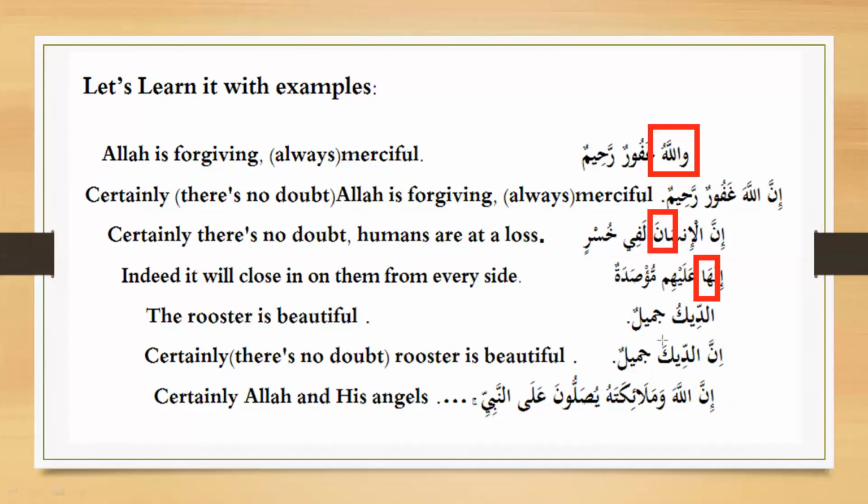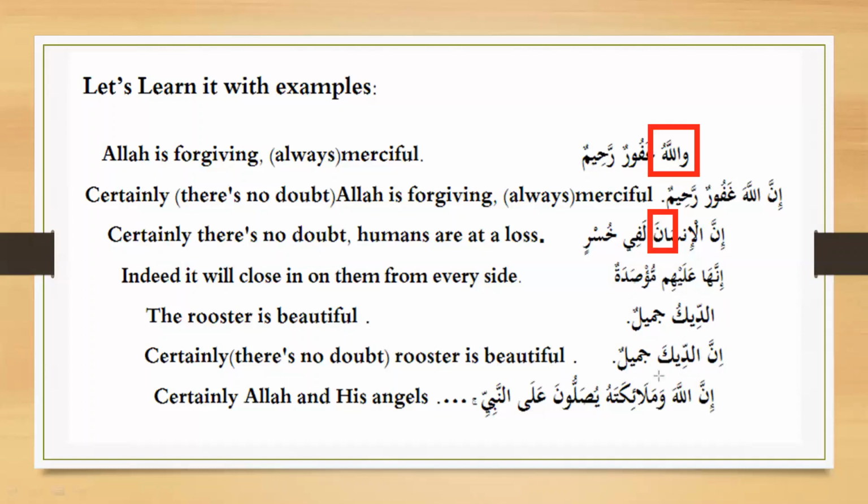Then we have addiku jamilun. The rooster is beautiful. So simple sentence, nothing emphasized here. There is no emphasis in this sentence. Addiku jamilun, the rooster is beautiful. Then inna dika jamilun. Certainly the rooster is beautiful.